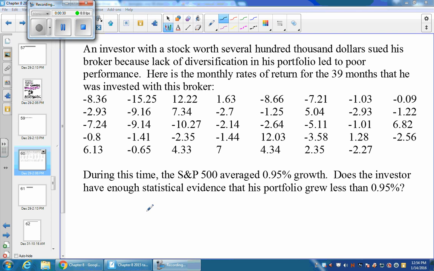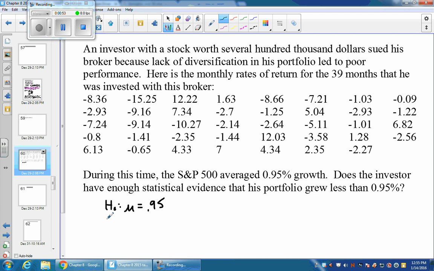So let's take a look at this for a second. Our null hypothesis would be that it grew the same as the national average, so that's 0.95.